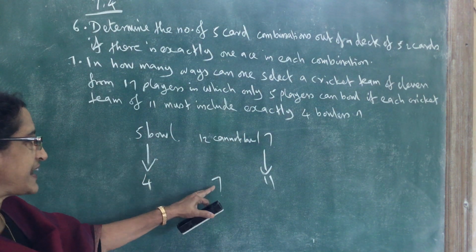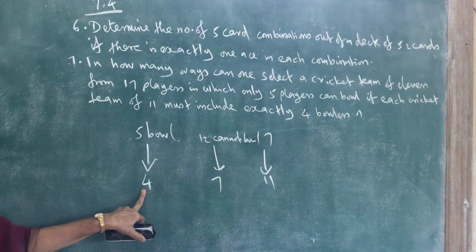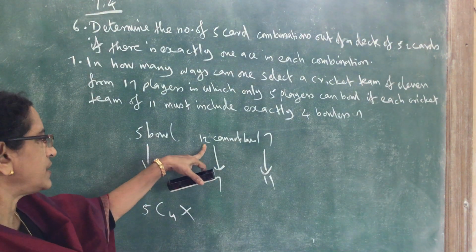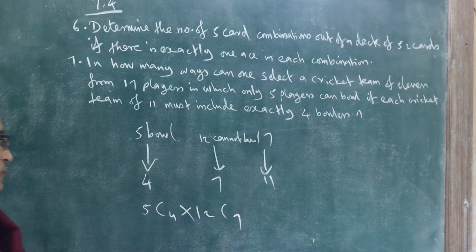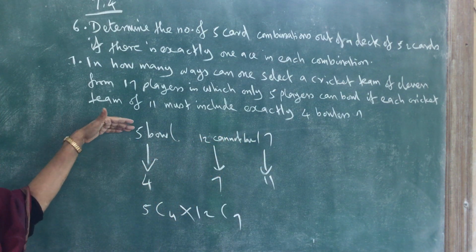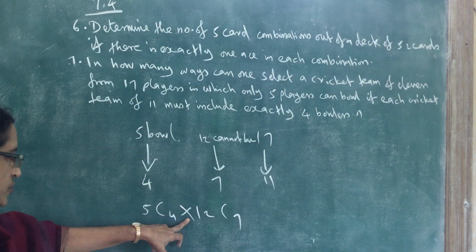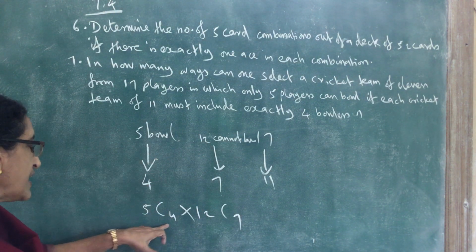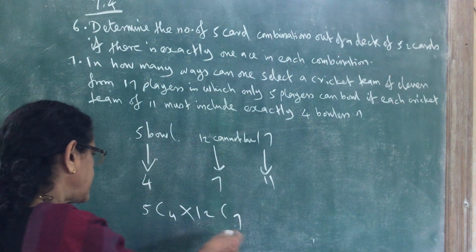So from 5 bowlers, 4 can be selected in 5C4 ways, into, from the 12 others, 7 can be selected in 12C7 ways. So that is the required number.